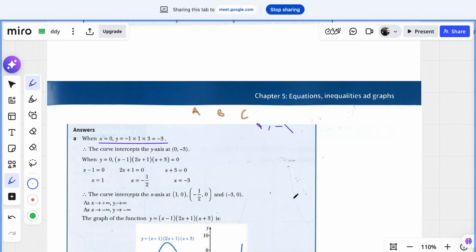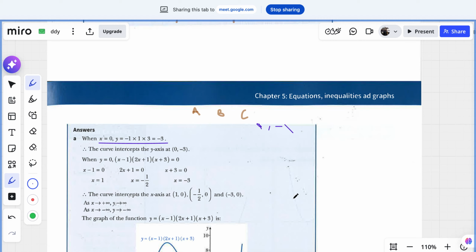When y is 0, you have x minus 1 in one bracket, and then 2x plus 1 in another bracket, and then the third one is x plus 3.